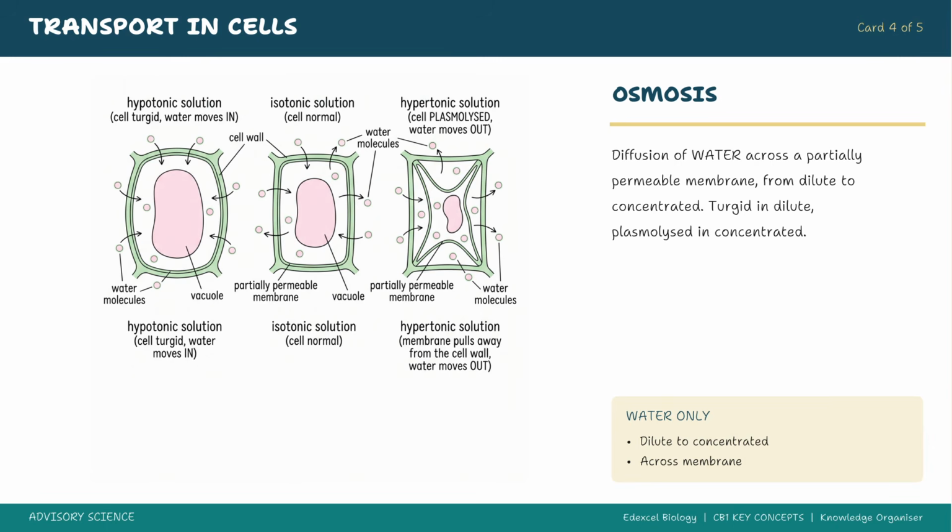When there is a lower concentration of water outside the cell than inside the cell, water moves out of the cell by osmosis. In plant cells, the membrane pulls away from the cell wall and the cell becomes plasmolysed. This can cause plants to wilt.